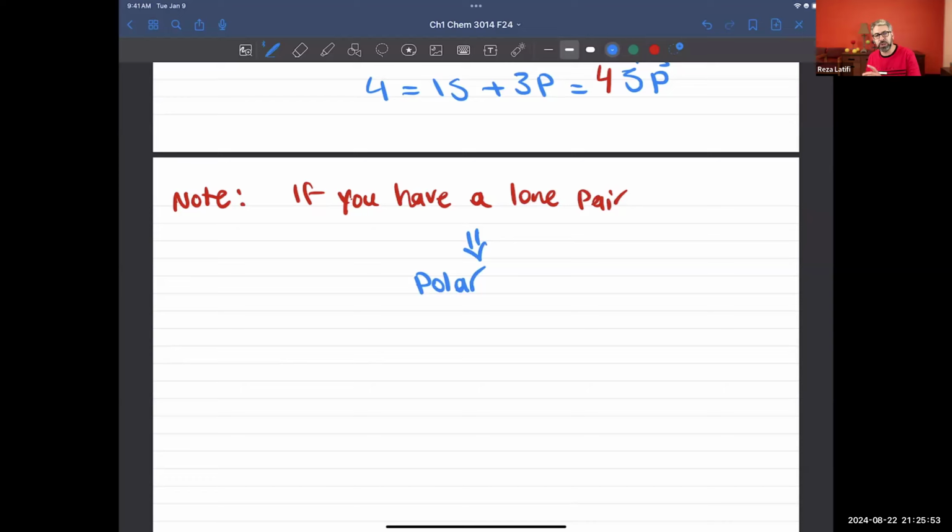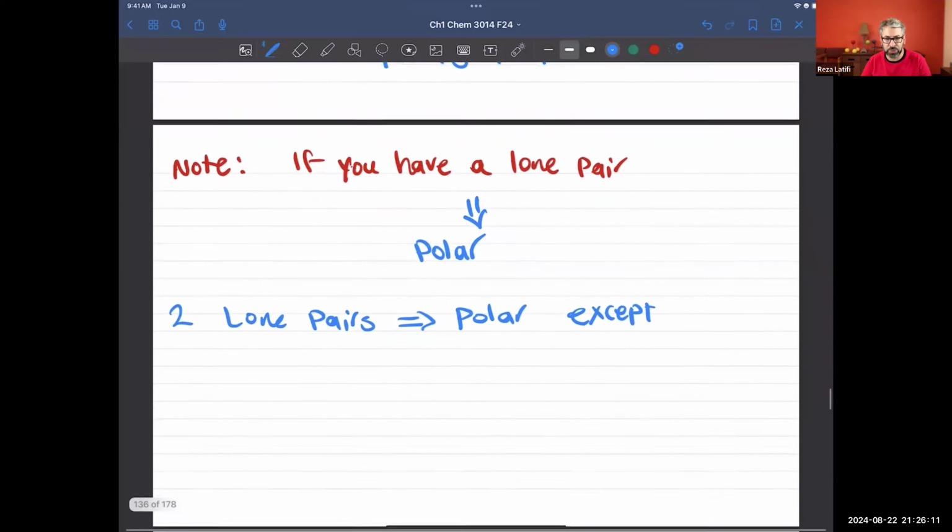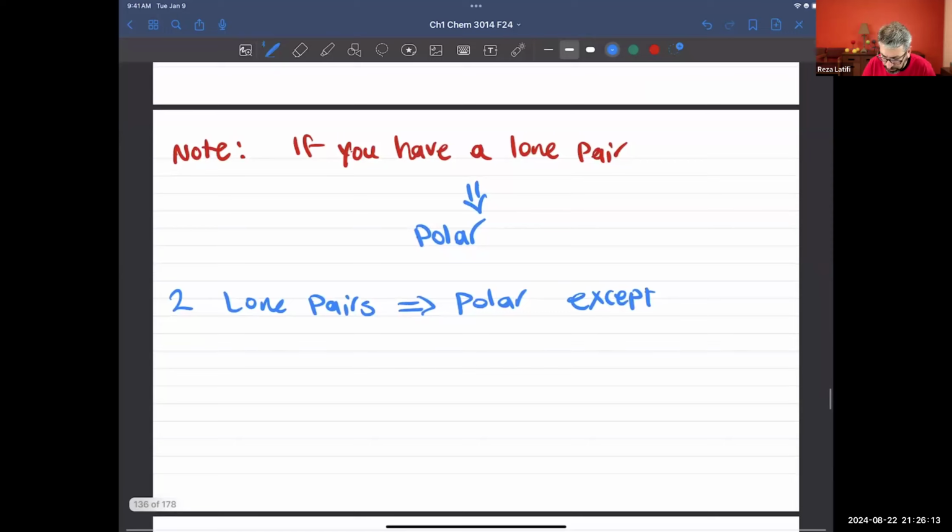How about 2 lone pairs? With 2 lone pairs, it will be polar, except for one geometry that will be non-polar. So it will be polar under any condition except one geometry.